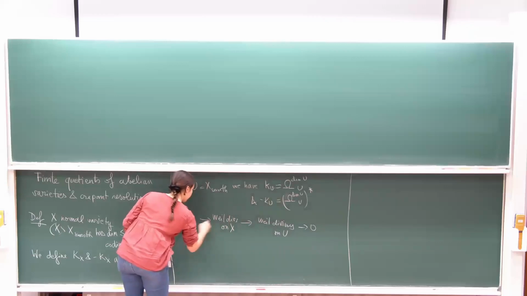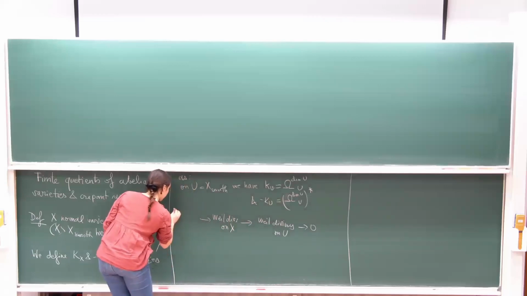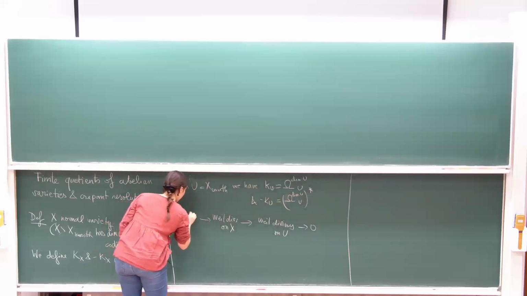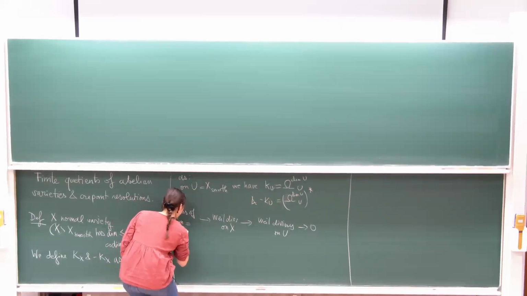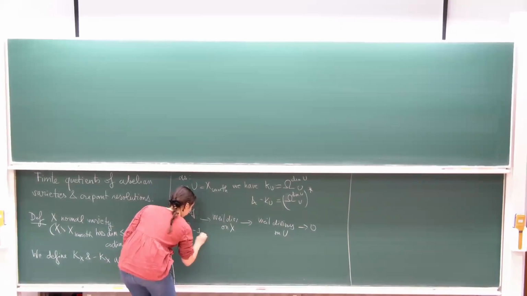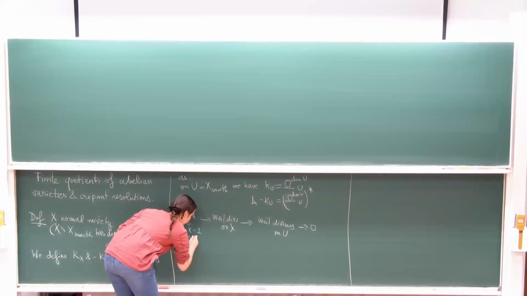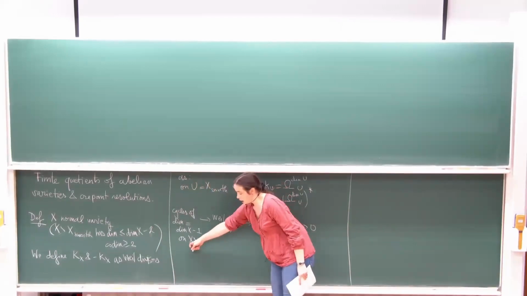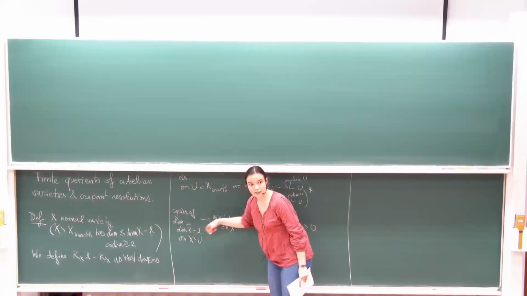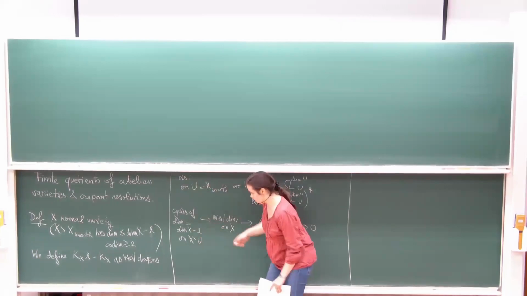And here the kernel will be some cycles of dimension equal to dimension of X minus 1 on X minus U. But this has smaller dimension than that. So you don't have any cycles here because the dimensions don't match up.